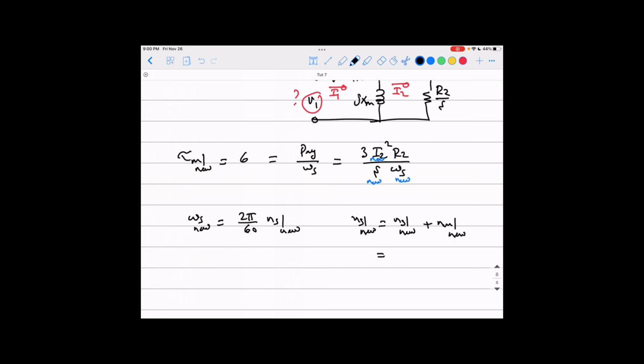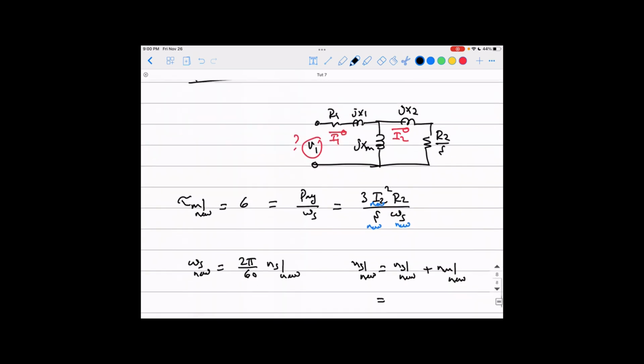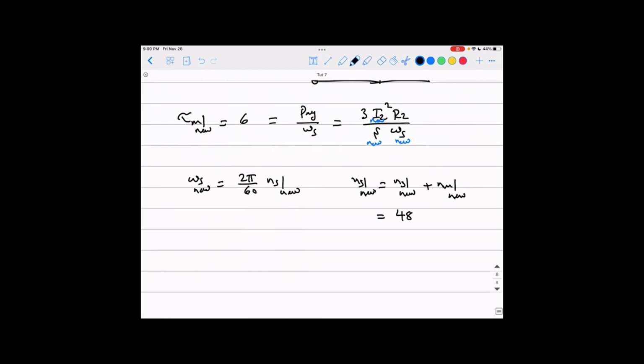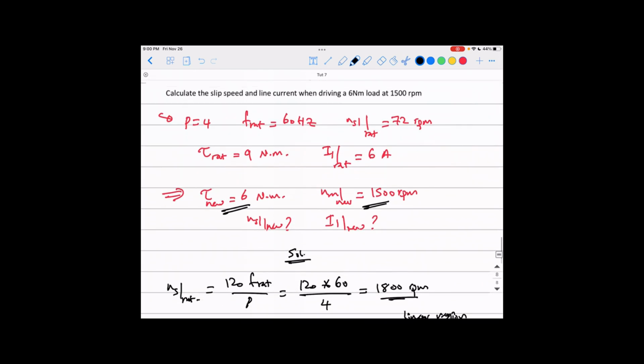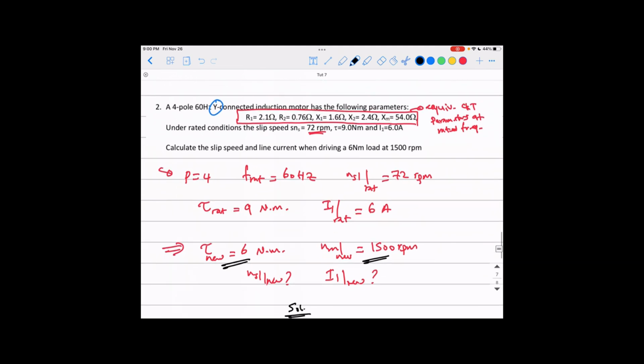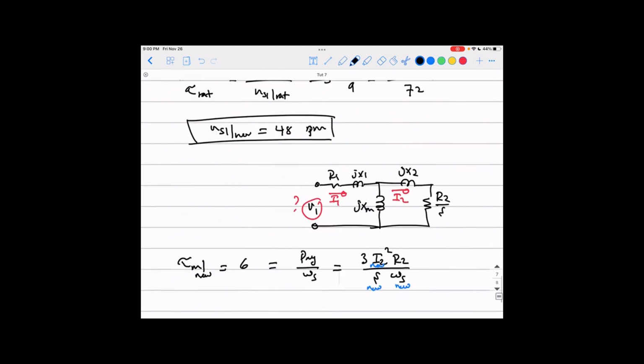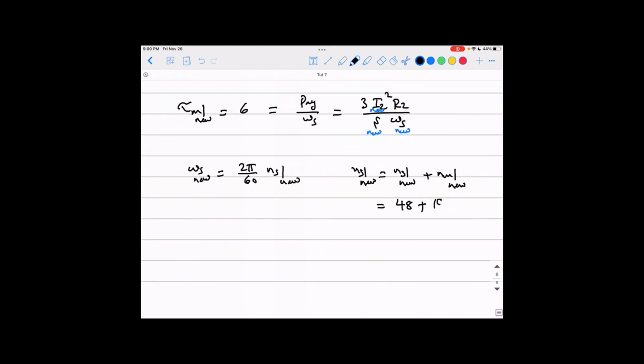The new slip speed we found to be 48 RPM, and the new mechanical speed is given at the beginning: he wants you to work at 1500 RPM. So that is 1548 RPM, the new synchronous speed. Keep that in mind.